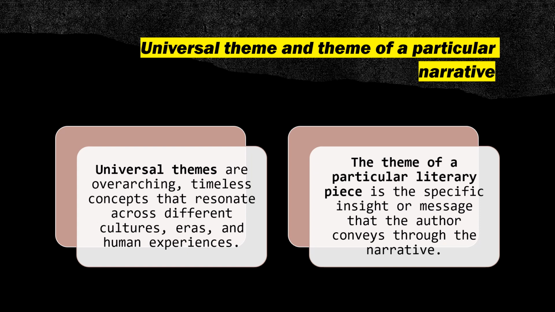While universal themes are broad and transcend individual stories, the theme of a literary work is shaped by the unique characters, settings, and events within that specific piece. It reflects the author's perspective on a particular issue, allowing for a more focused exploration of ideas within the context of the story being told.